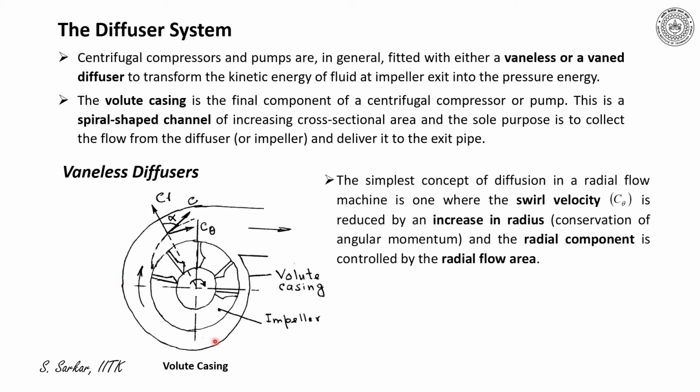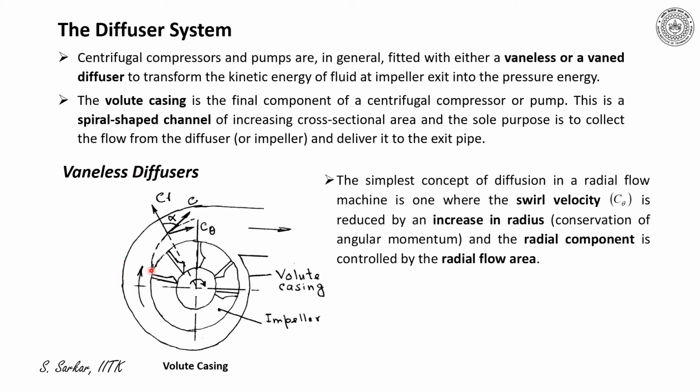Due to the dynamic action of the impeller, the kinetic energy of fluid at the exit of the impeller will be increased, and then it will be diffused gradually in the volute casing due to the increasing cross-sectional area. Now, I have considered here by a dotted line the meridional flow path of the fluid within the volute casing.